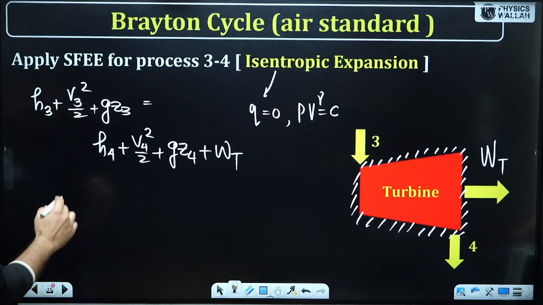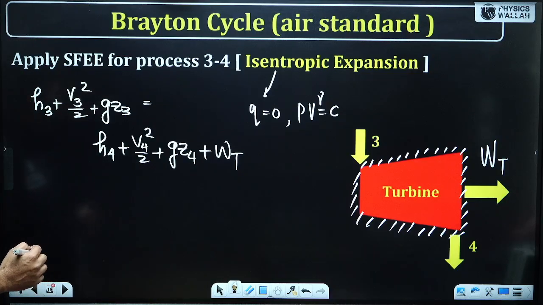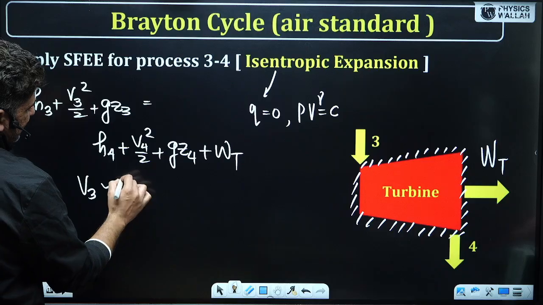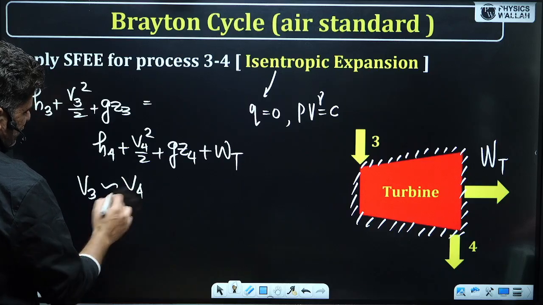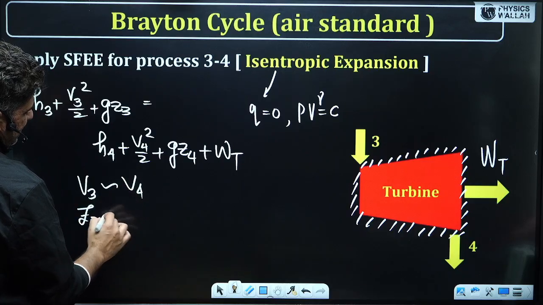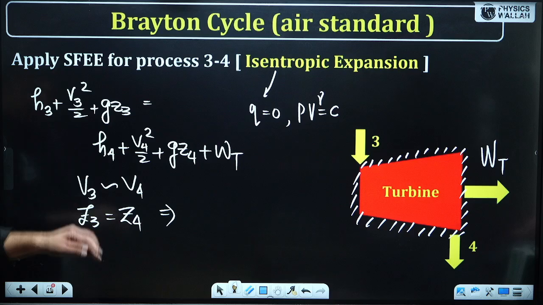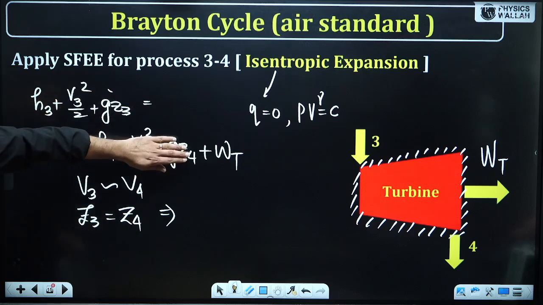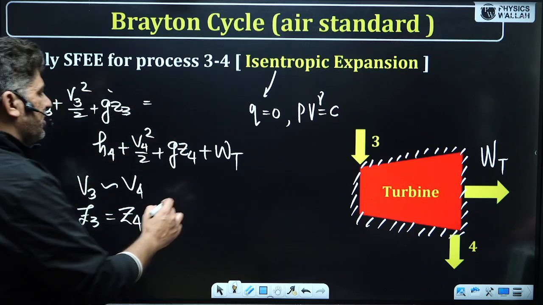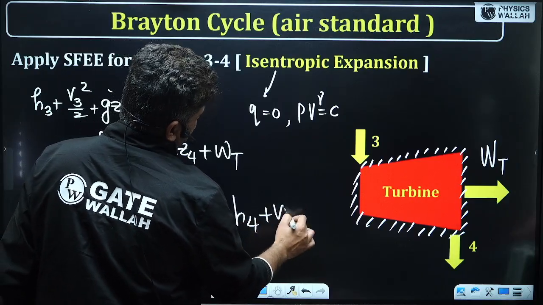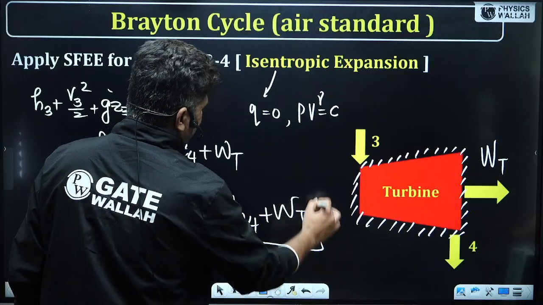Again, we will assume that V3 is almost equal to V4 and Z3 equal to Z4. This will lead to these two terms going away, and these two terms going away. So H3 will be equal to H4 plus work of turbine.